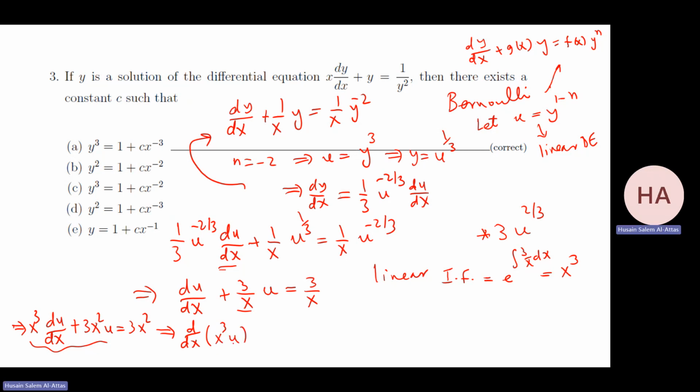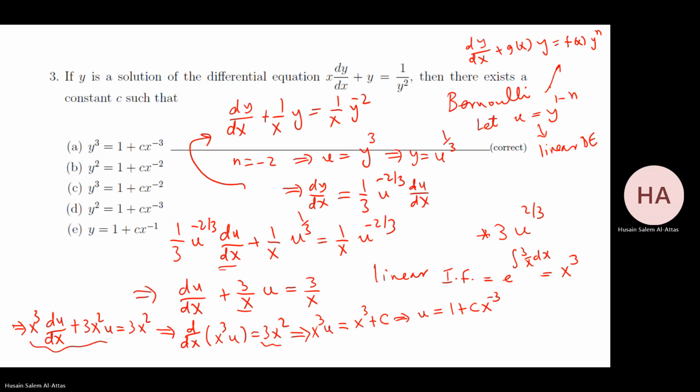Check. 3x squared u plus x cubed du over dx, which is correct. The right side will be 3x squared. So integrate to get x cubed u equal the integral of this, which is x cubed plus c. So u will be equal to 1 plus c x to the minus 3.